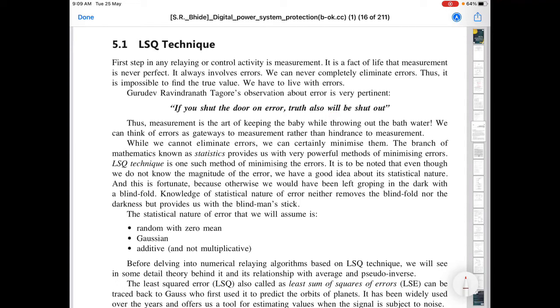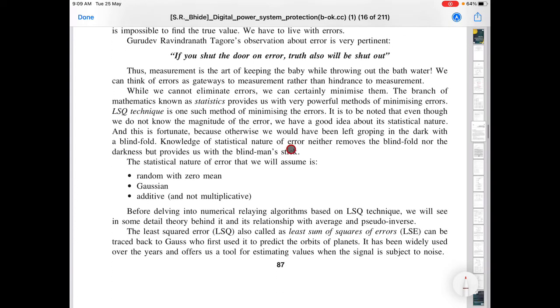If you try to shut out the error, you are going away from reality. We have to live with errors, and we have to calculate the error. Fortunately, we can do that because we know the statistical nature of the error.